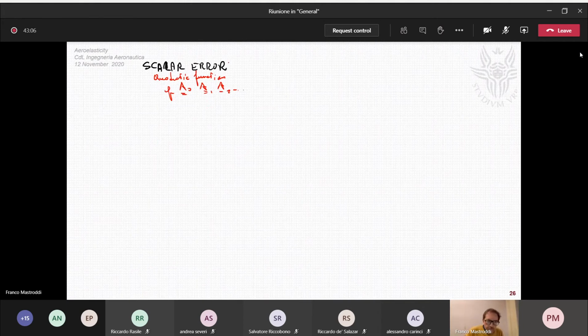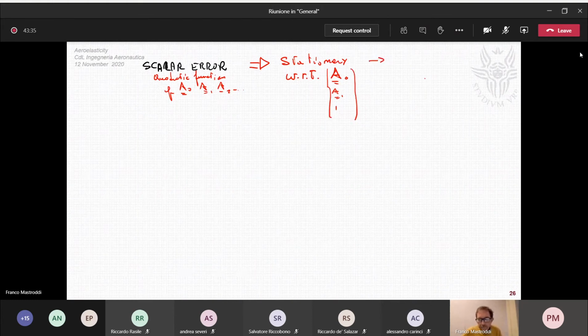So if we impose the stationary condition with respect to the matrices A0, A1, we can obtain by this optimal problem the values of A0, A1, and so on.